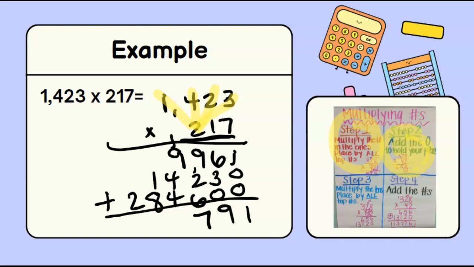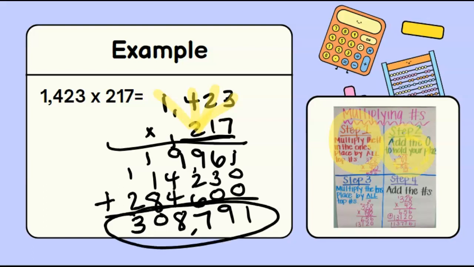Carry my 1. 9 plus 4, that's going to give me 13 plus 1 is 14. I have 8 plus 2 is 10. Carry my 1. And then 2 plus 1 is 3. So the product for my equation is 308,791.